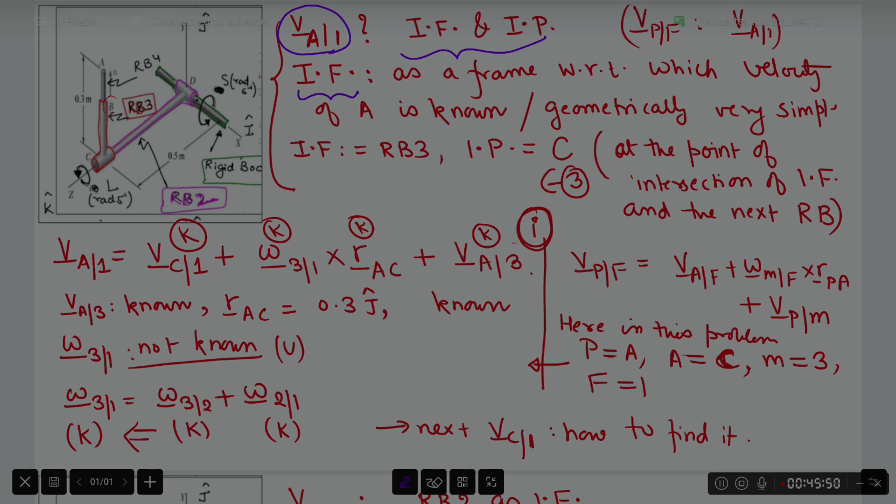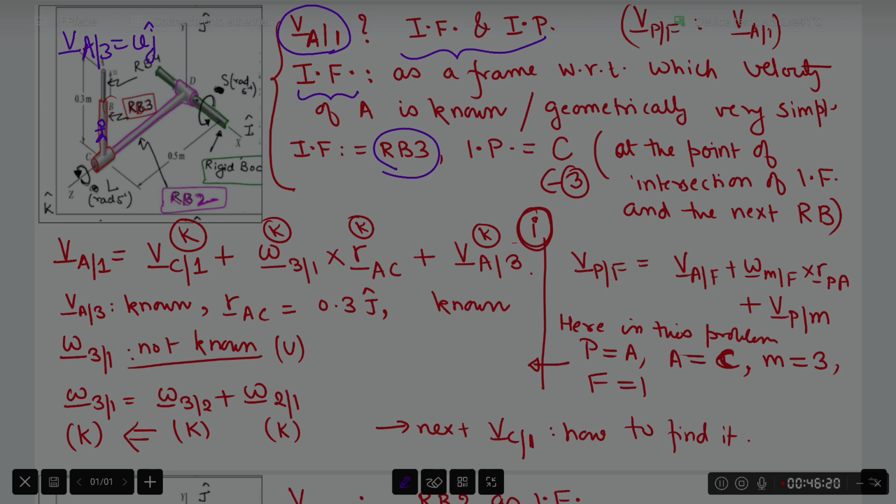This is the guideline we should follow to identify the intermediate frame. I repeat, IF should be a frame with respect to which velocity of A is known or geometrically very simple. Which body here is such that with respect to that body, velocity of A is either known or geometrically very simple to visualize? Clearly, that body is RB3. If you sit on RB3, velocity of A is known, and that we identified on the last slide itself. VA3 is simply U times J. So I will choose 3 as my IF, intermediate frame, before I apply the velocity transfer relationship.